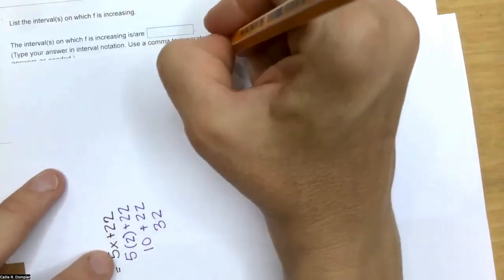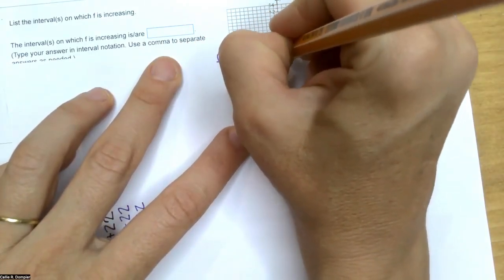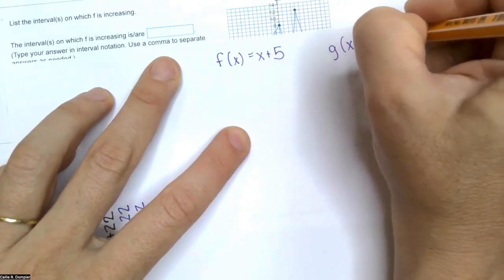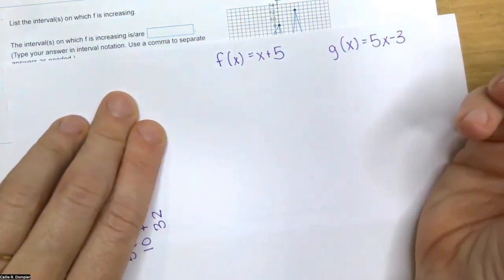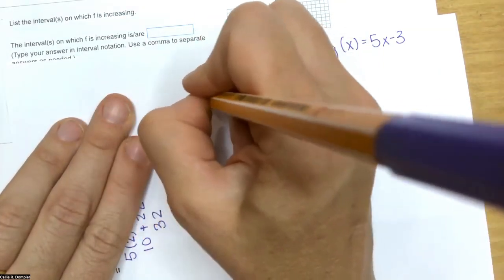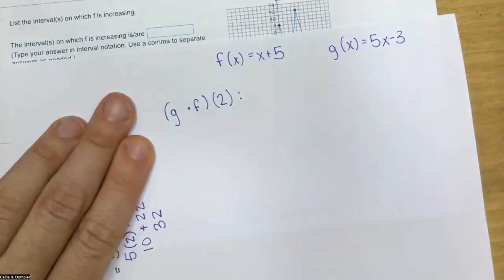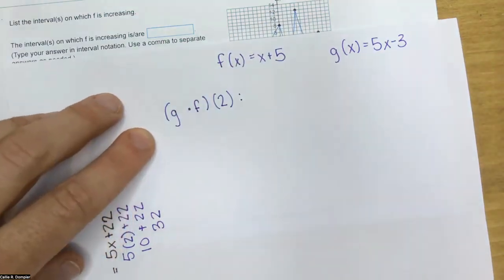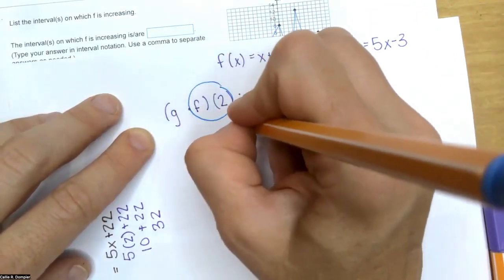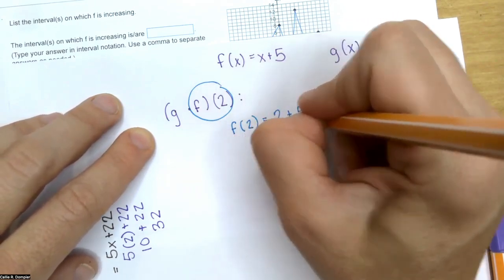All right, we have f of x equals x plus 5, and we have g of x equals 5x minus 3. They want to know what g of f of 2 is. Okay, first thing I'm going to do is f of 2 equals 2 plus 5, right?